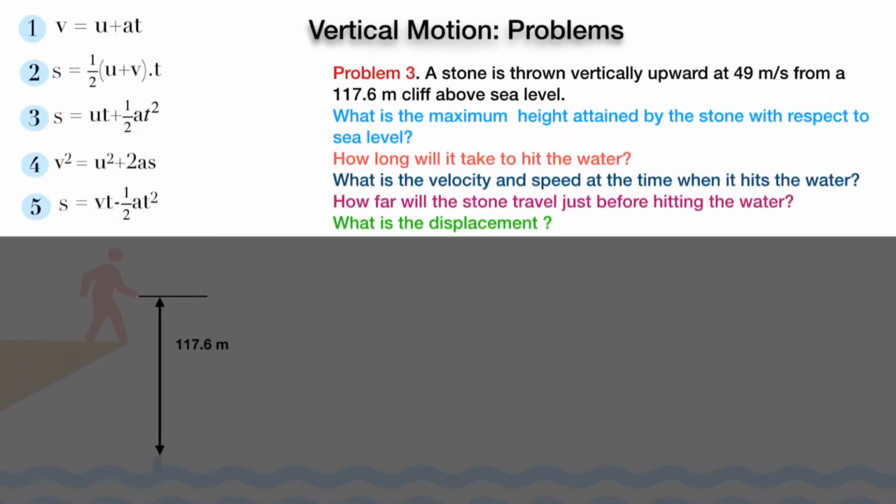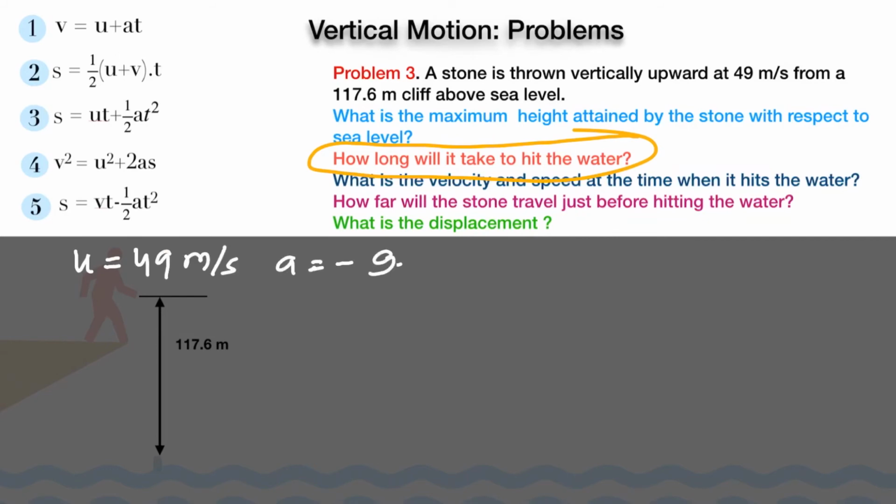Now let's take part 2 of this question. How long will it take to hit the water? Here the initial velocity u is 49 meters per second. The acceleration is minus 9.8 meter per second square, and the displacement S for this complete motion is minus 117.6 meter, which is this distance.